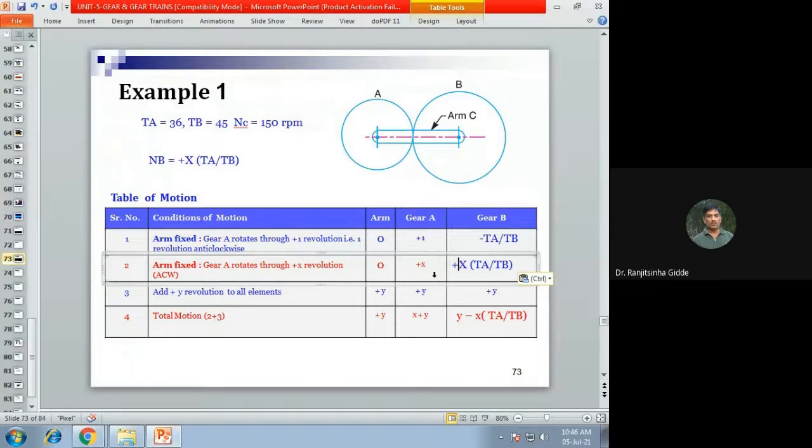Now this is rotating in clockwise direction. So instead of this plus, we are going to write here minus as it is. Okay.